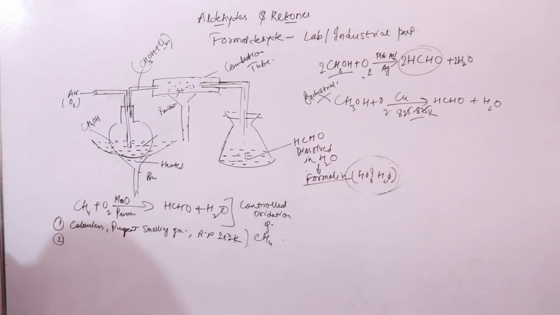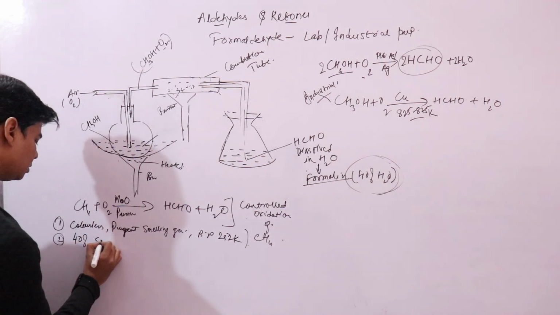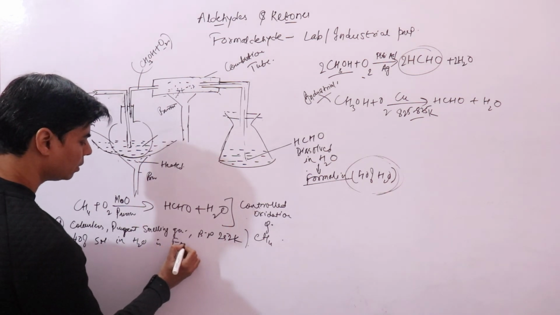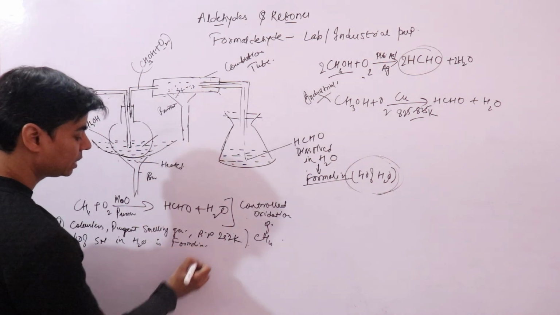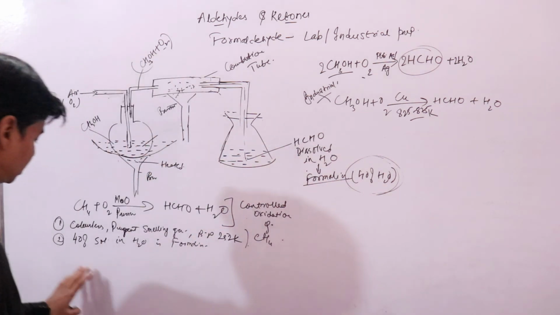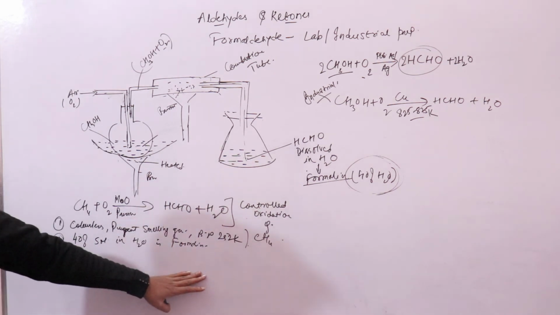And one other important property, which we have discussed already, is that a 40% solution in water is your formalin. Why? Because it is soluble in water. So formaldehyde is soluble in water, and 40% solution of formaldehyde in water is your formalin.